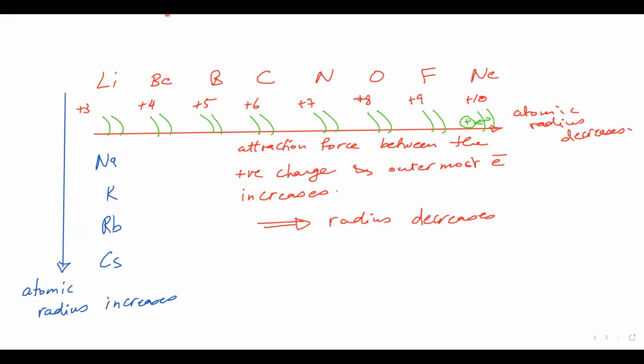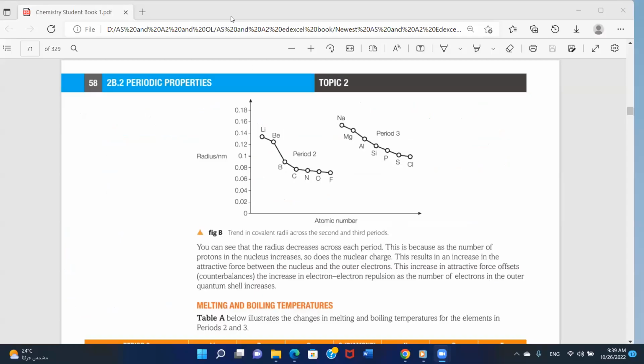Okay, so this is the first trend that we have to talk about. If you look here, in case of elements down a group, you will see that this is lithium and this is sodium. Lithium is above sodium, so lithium has a smaller radius than sodium, because sodium lies below lithium, so it will have a bigger radius than lithium.